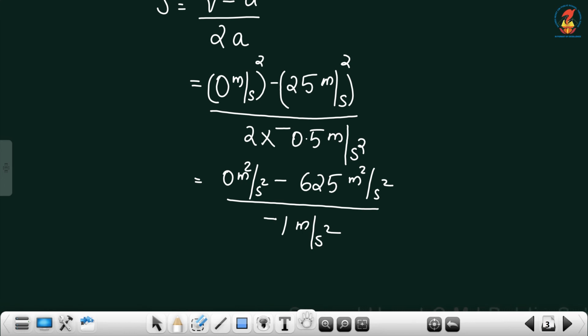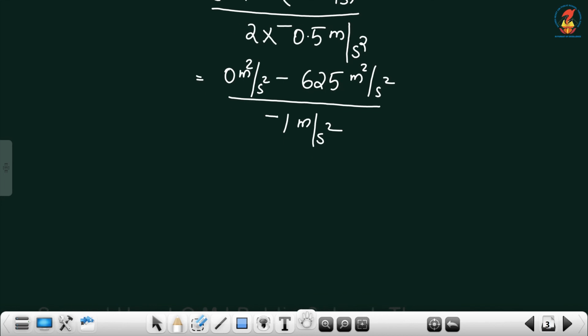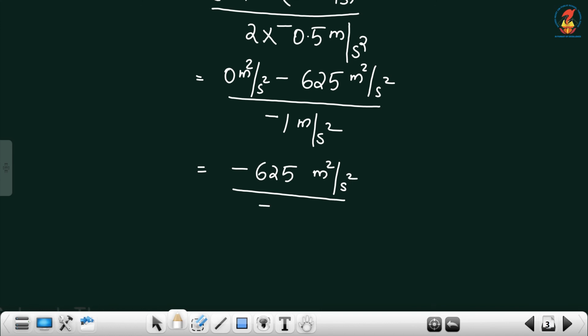Now, 0 minus 625, minus 625 meter square by second square divided by minus 1 meter per second square.